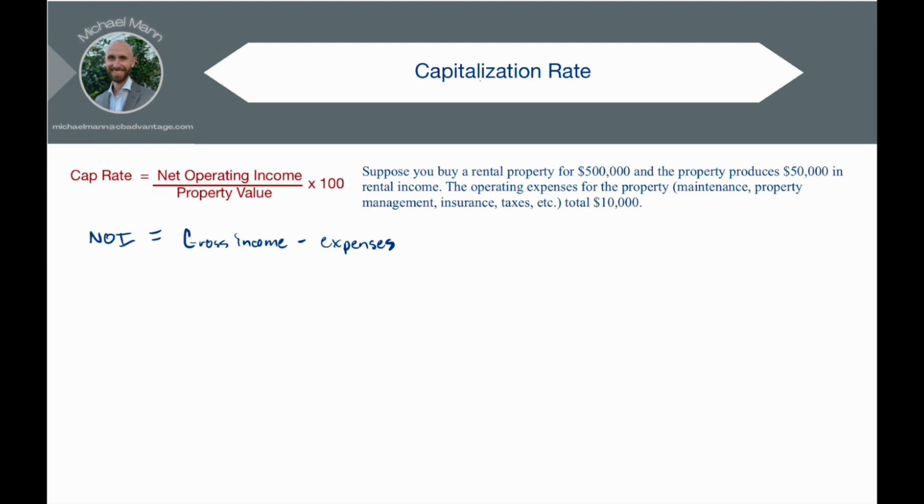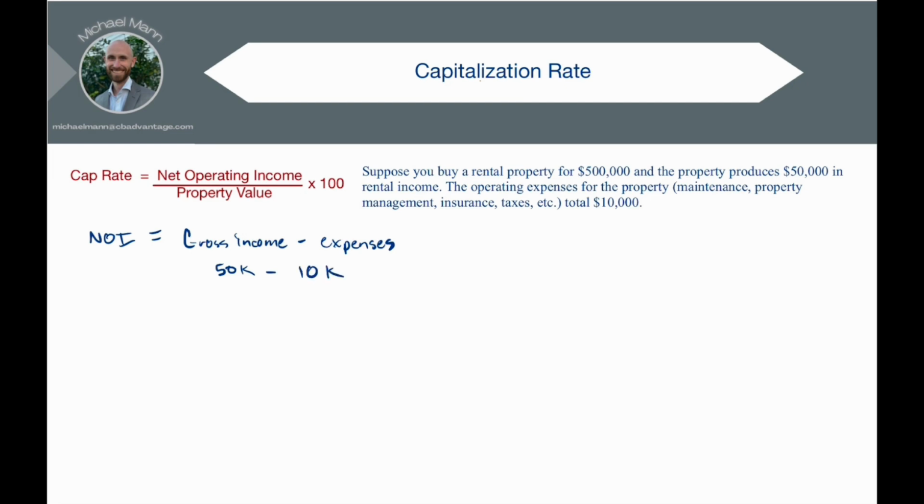Now, in this situation, your net operating income is going to end up being your gross income, which is going to be your $50,000, minus your expenses, which are $10,000.